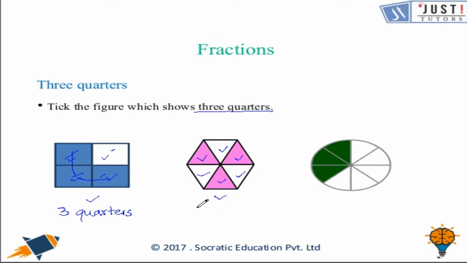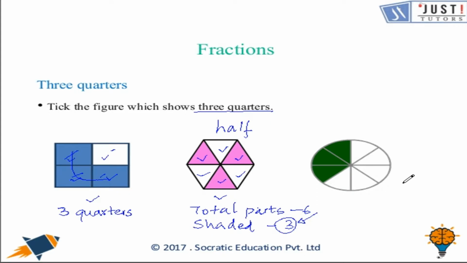So the total parts are 6, and the shaded ones are 3. So this is basically a half of 6. That means this is a half, not a quarter.